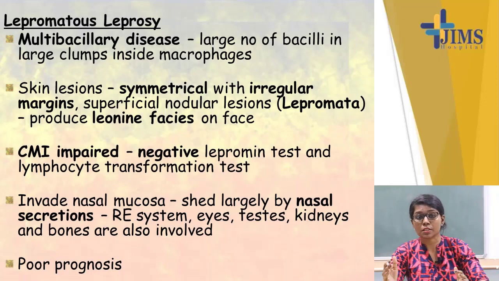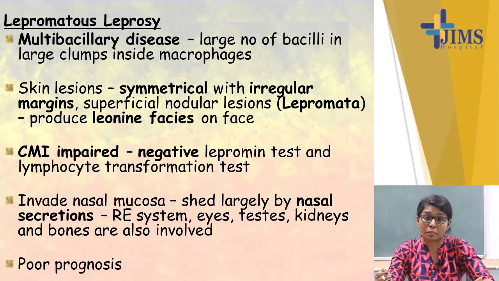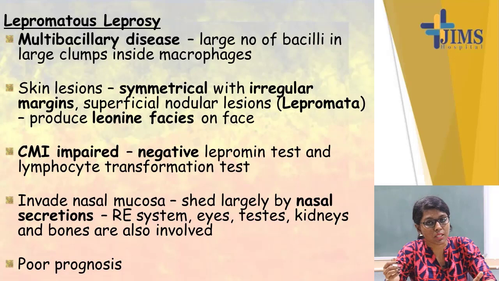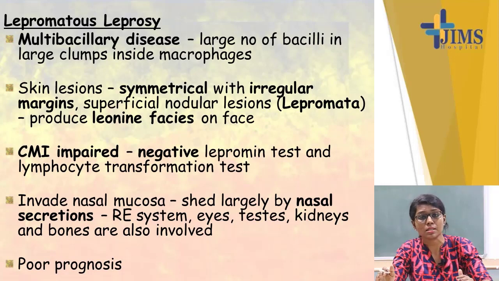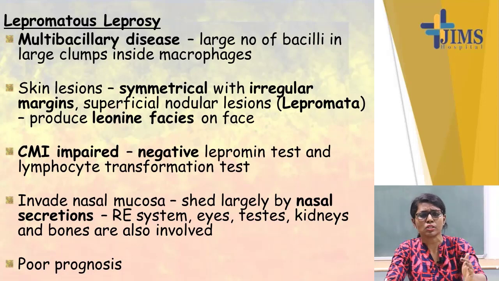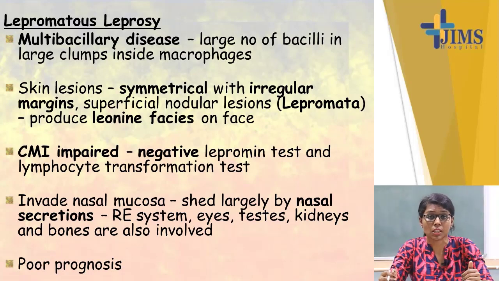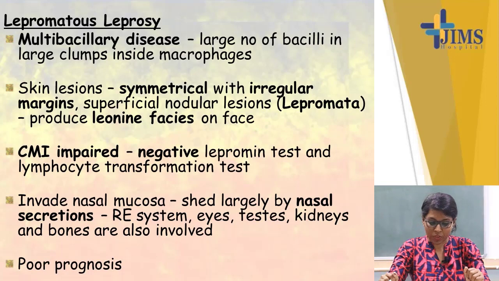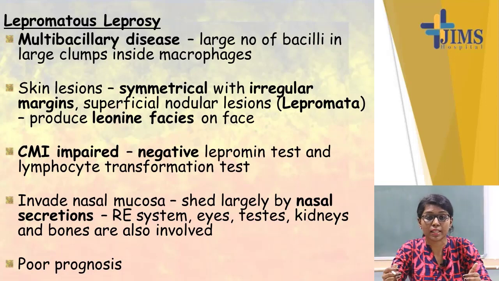Besides the skin lesions, the CMI, cell-mediated immunity, is impaired. And since it is impaired, the lepromin test, which is largely dependent on cell-mediated immunity, is negative. It invades through the nasal mucosa.